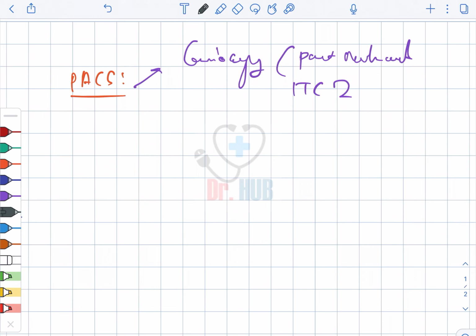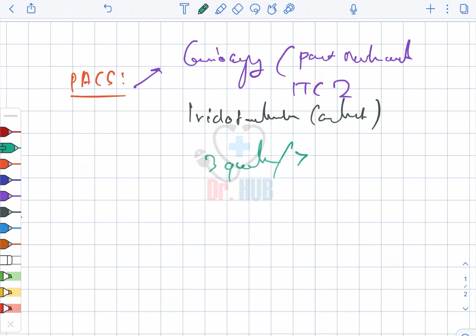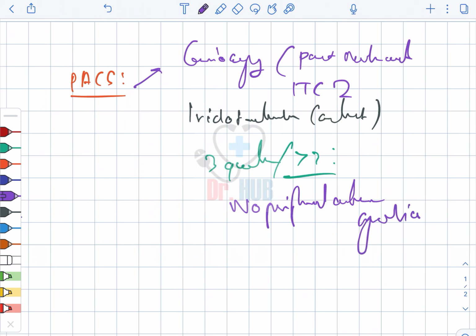Here it stands for iridotrabecular contact. So here the ITC is seen in three quadrants or more, and there is no peripheral anterior synechiae.